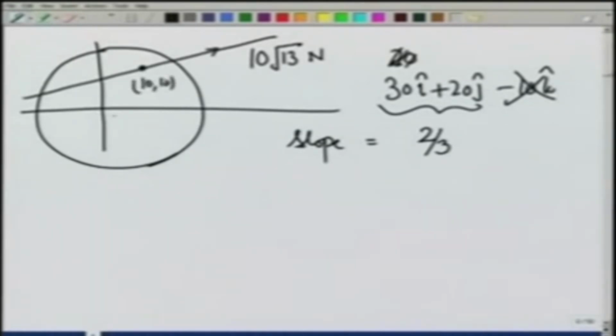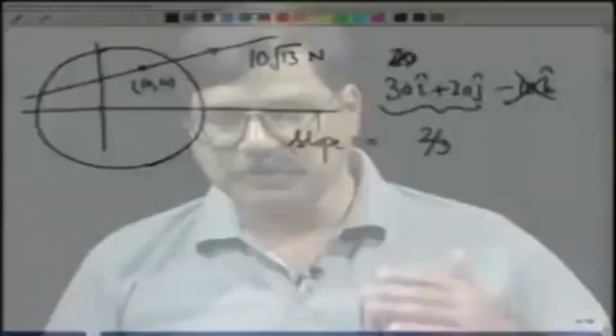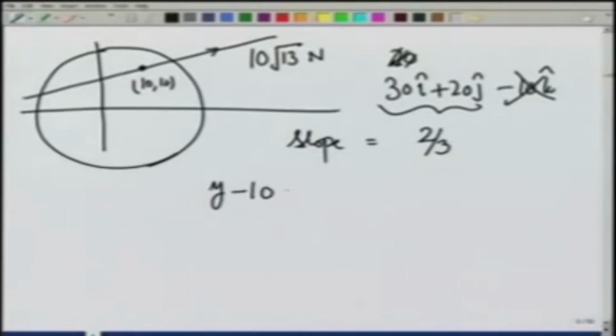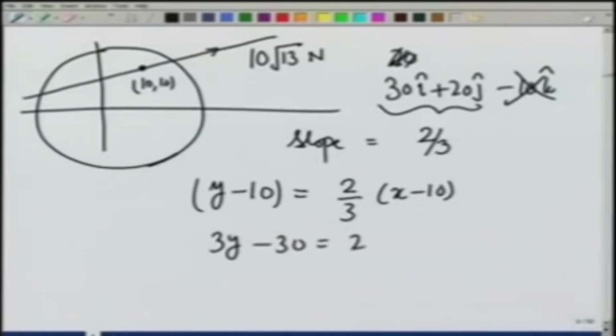Therefore, the equation of this line along which the force is working is y minus 10 is equal to 2/3, that is the slope, times x minus 10, and therefore, 3y minus 30 is equal to 2x minus 20, or 3y is equal to 2x plus 10.